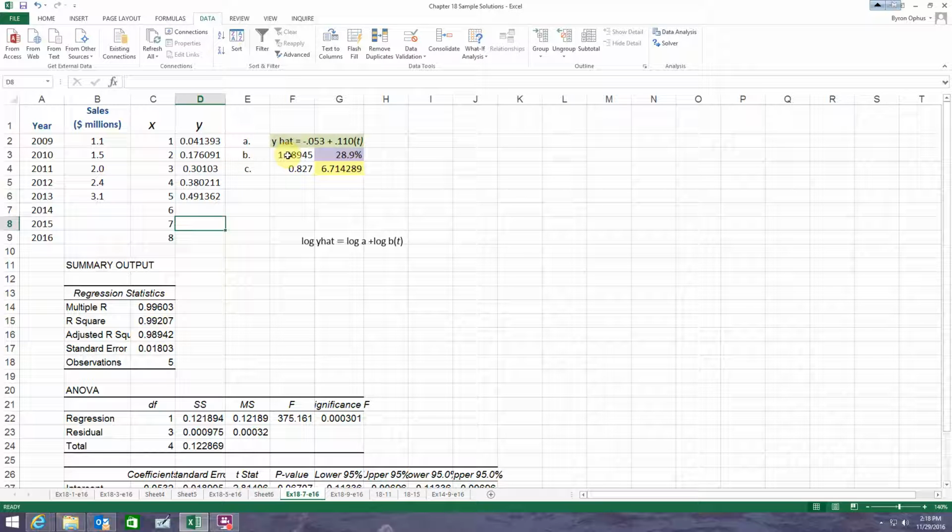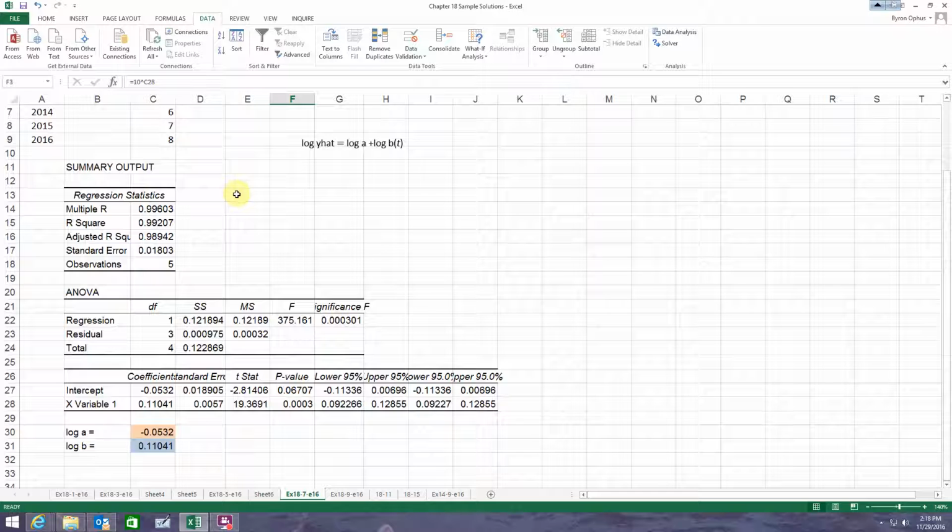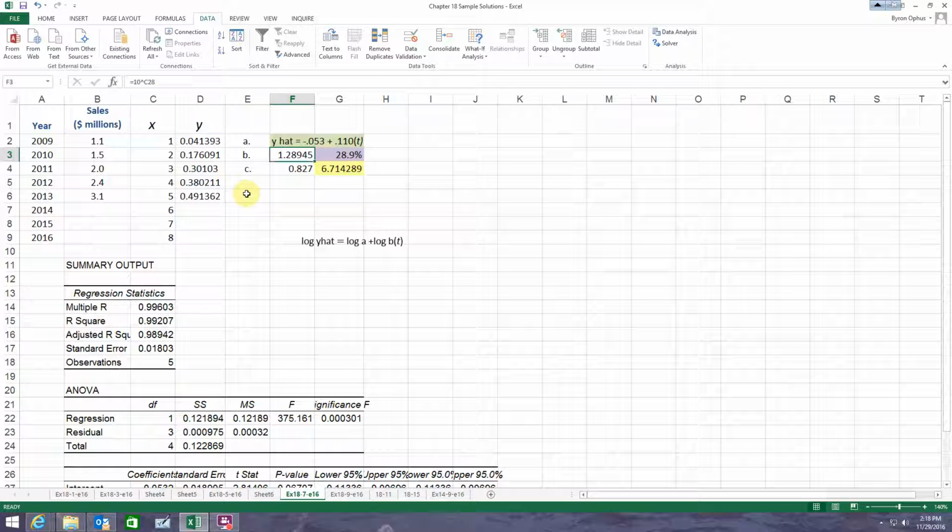Okay, but then B, it asks us to figure out basically what the growth rate is, because if we got a growth rate of a certain percentage, that's what gives us that exponential. Whether it's a big or small percentage, we're still going to have an exponential growth.